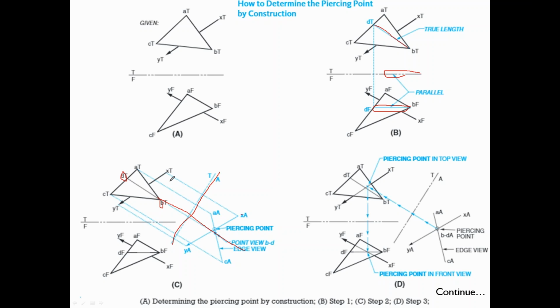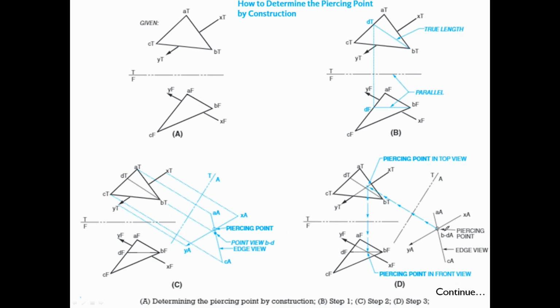So once you have this XY, and then you have AC. What is AC? AC. So you know you're going to intersect at this piercing point.